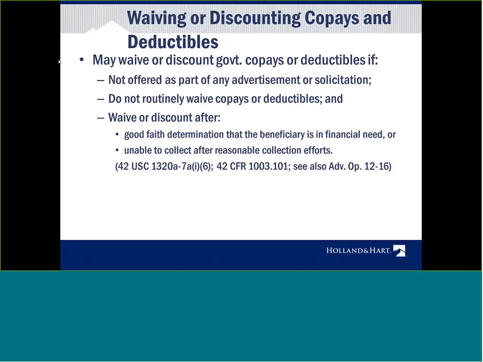So really, I think these bullets alone are a great basis for an initial step on a piece of your financial hardship policy that gets to copay and deductible waiver or discount.